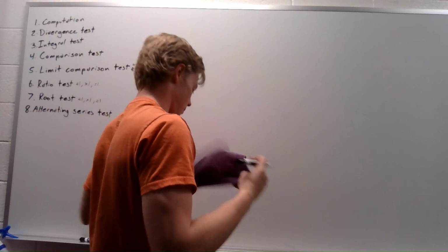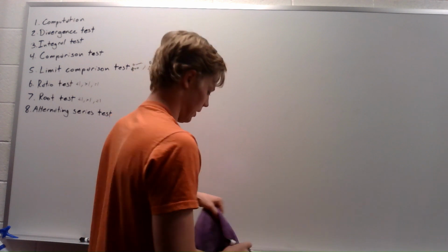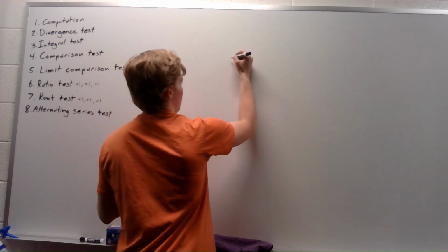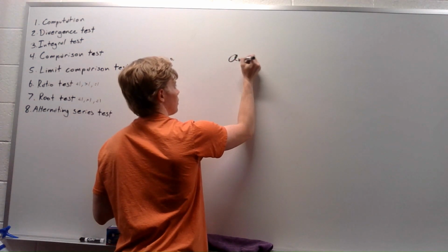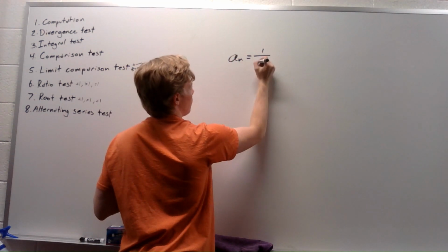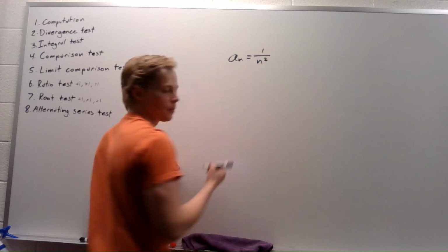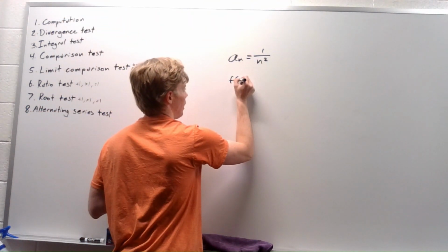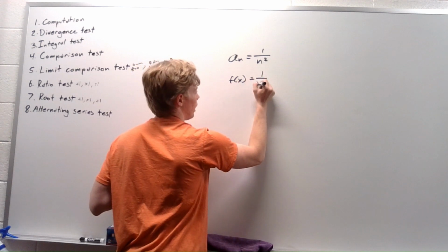And so the integral test builds on what we just talked about when we introduced a sub n as a function. And so if you have a particular function of n, let's say 1 over n squared, you can rewrite this as a function of x. F of x equals 1 over x squared.